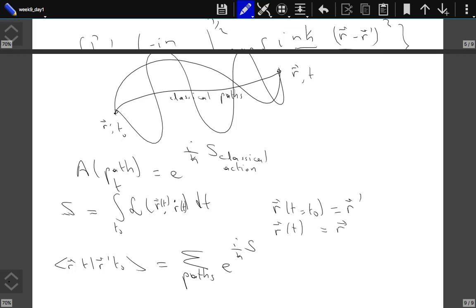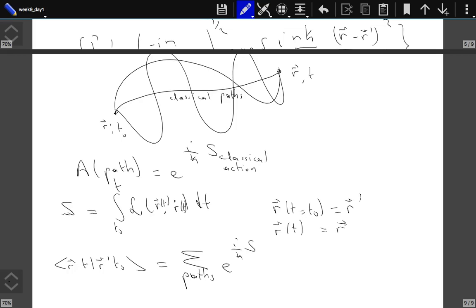So you take one path, its action has a value for that path. You take some other path, S has a value almost equal to the action of the other path, but they differ very slightly. But due to this highly oscillating character, one will contribute, let's say, positive, the other one will contribute negative, so you don't get any contribution.